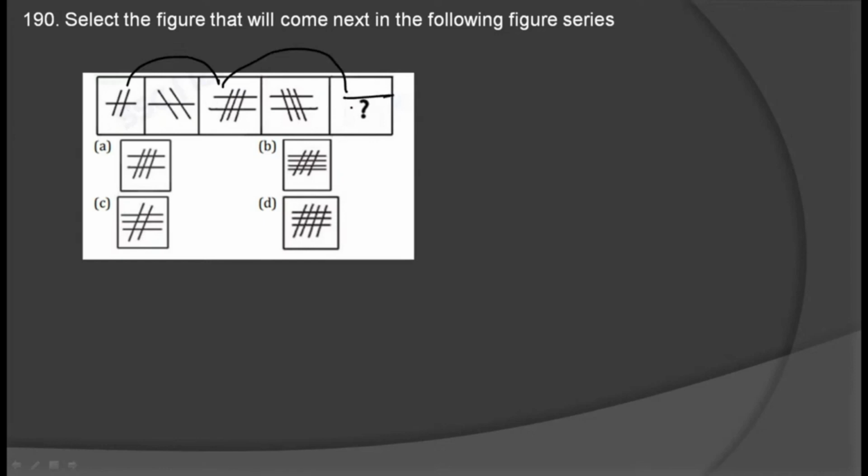We require three inclined lines, three horizontal lines, and four inclined lines. The same pattern is followed every time. So we required 3 and 4, which means you can choose option D, not B. Very good understanding.